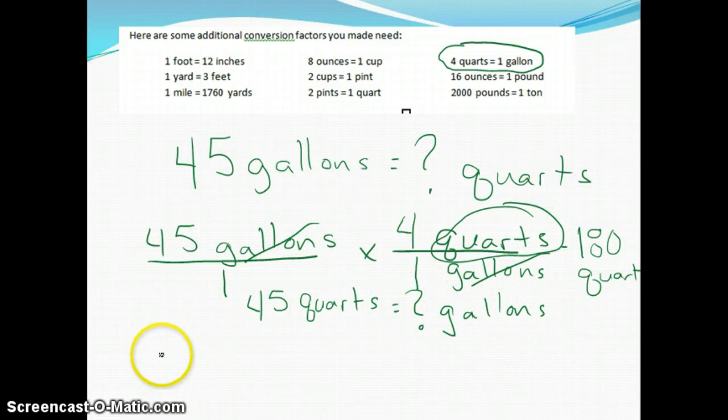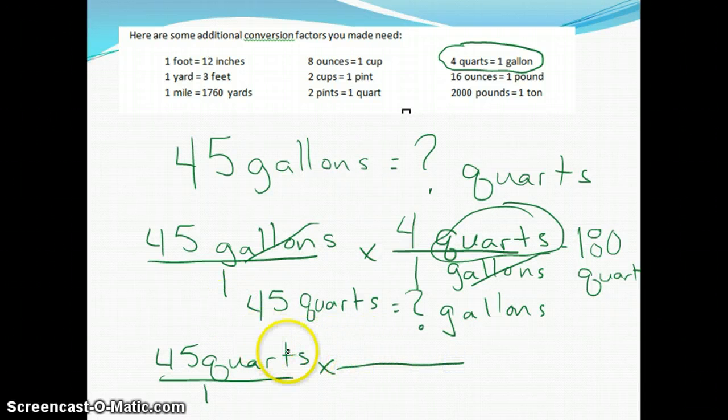So this time we'll start with what we have again, 45 quarts divided by 1. We're going to multiply by, and we want to put what we have on the bottom, so we have quarts. What we're trying to find, or what we want on the top, gallons.